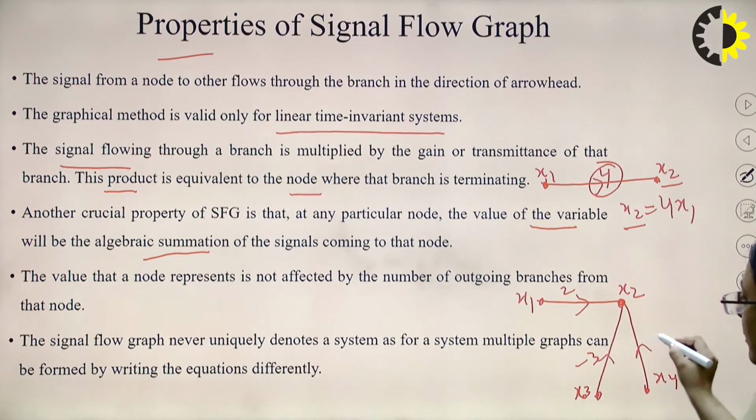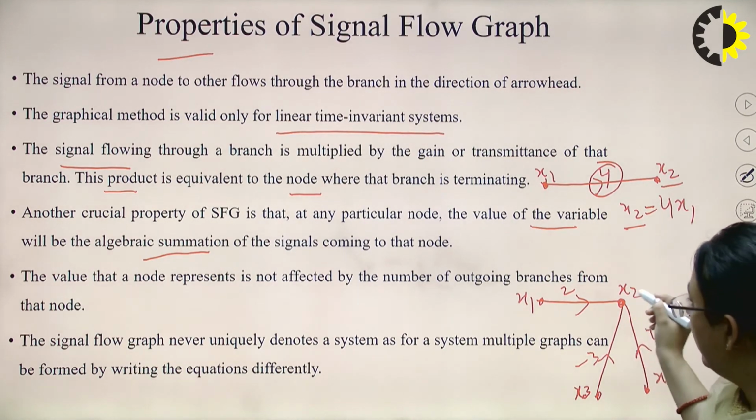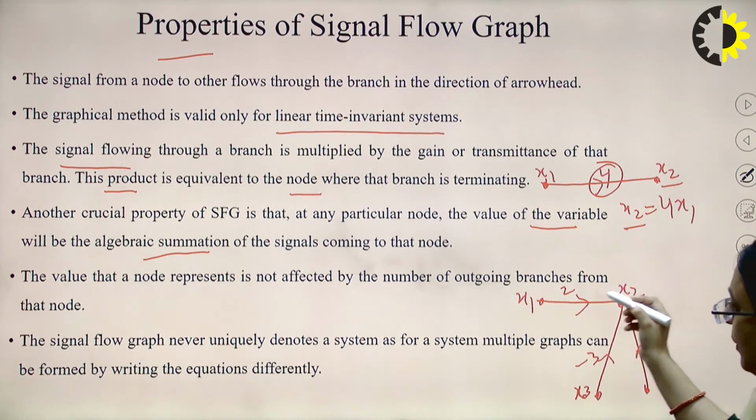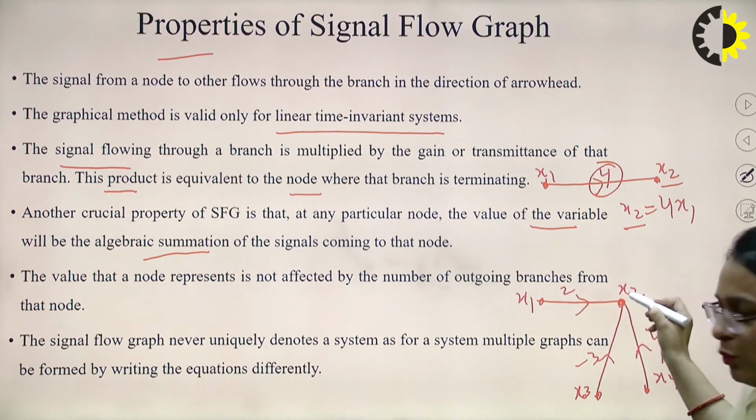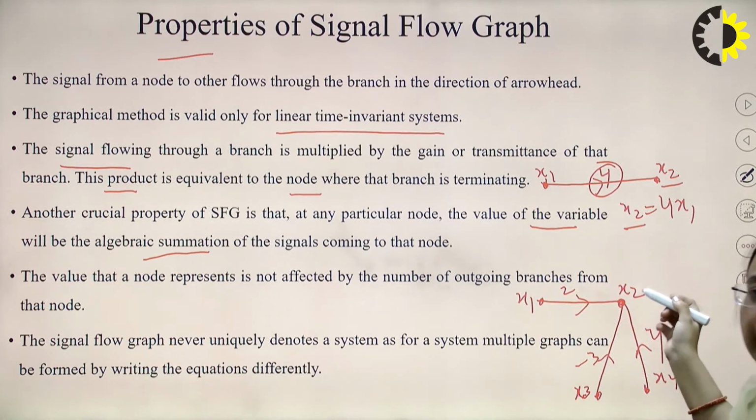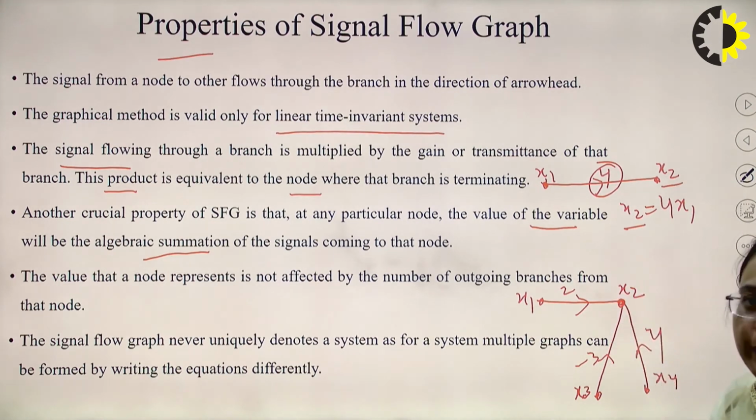Let's say the gains are 2, -3 and 4. There will be a relationship between x1 and x2, between x3 and x2, and between x4 and x2.